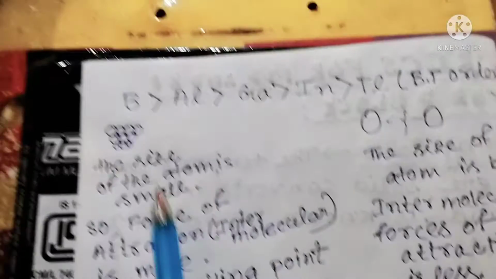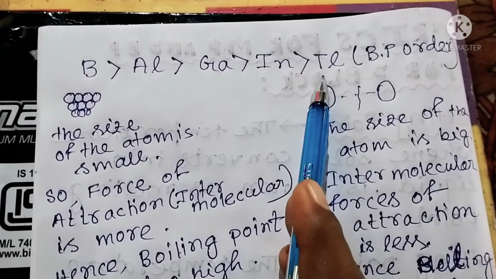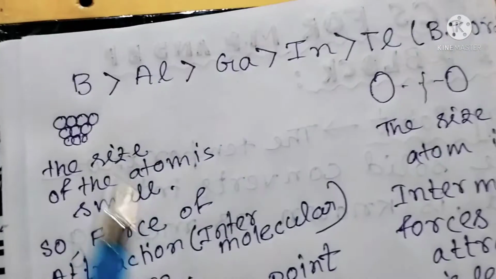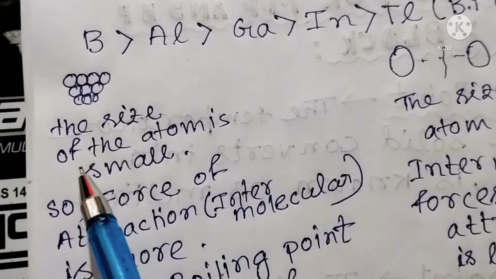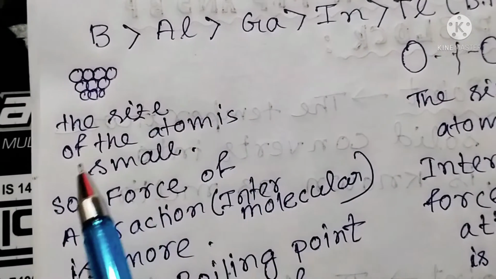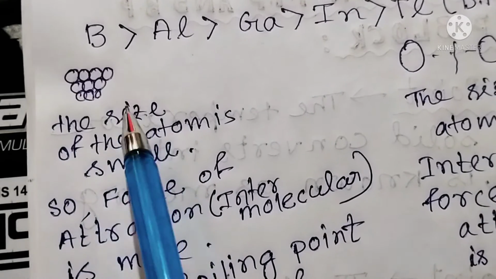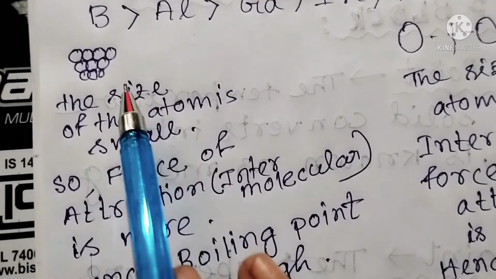Here we take boron, aluminium, gallium, indium, thallium. Now the group. Why is this so? For boron, the size of the atom is small, so intermolecular forces of attraction are more.